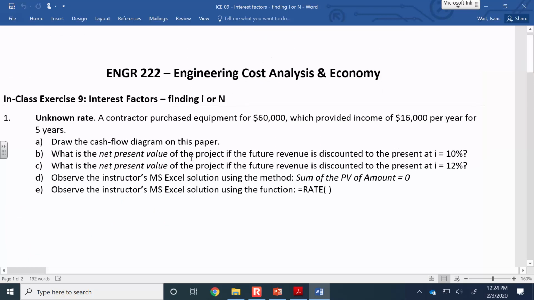Solve for the present value using the 10% and using the 12%. Once you've done that, I'm going to show you in Excel how to solve for the unknown rate. Here's a hint: it's somewhere between 10 and 12%, as you'll see as you start doing the calculations.